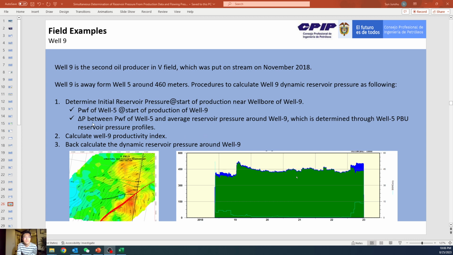Then calculate the delta P between the flowing pressure of well 5 and the average reservoir pressure around well 9, which is determined through the well 5 pressure buildup reservoir pressure profile. Then calculate well 9 productivity, and then back calculate the dynamic reservoir pressure around well 9.